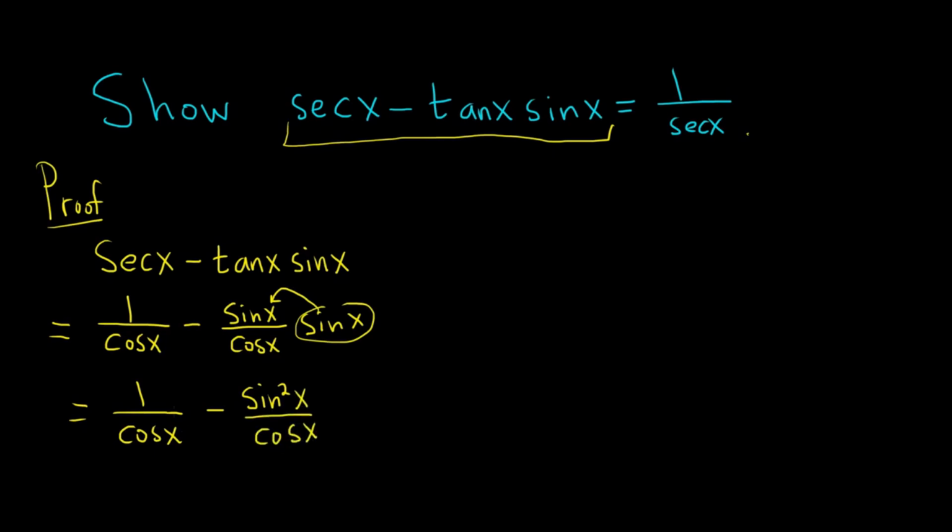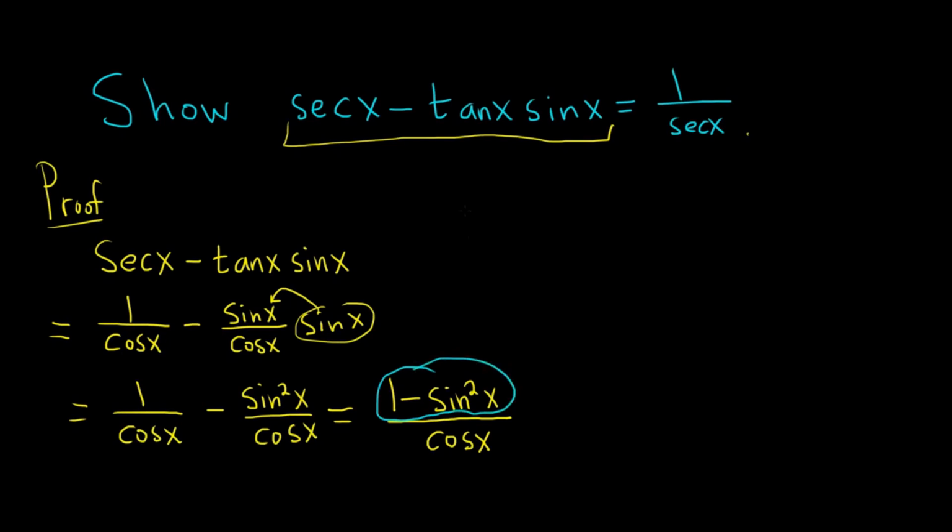Since the denominators are the same, we can actually perform the subtraction. This is equal to 1 minus sine squared over cosine x. Now, 1 minus sine squared, this piece here, is equal to cosine squared.